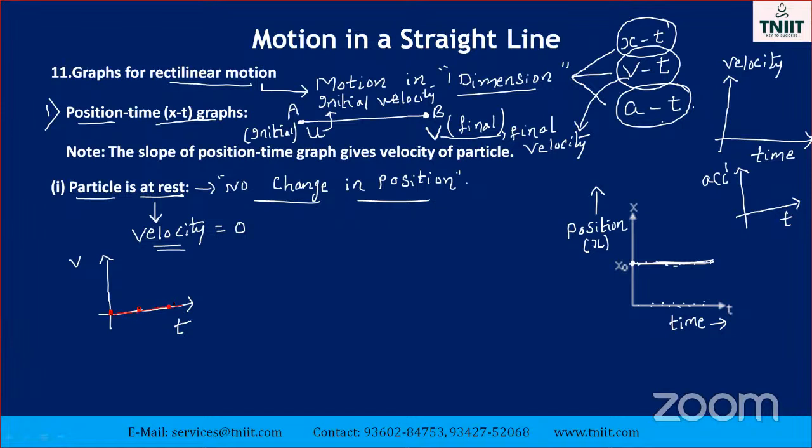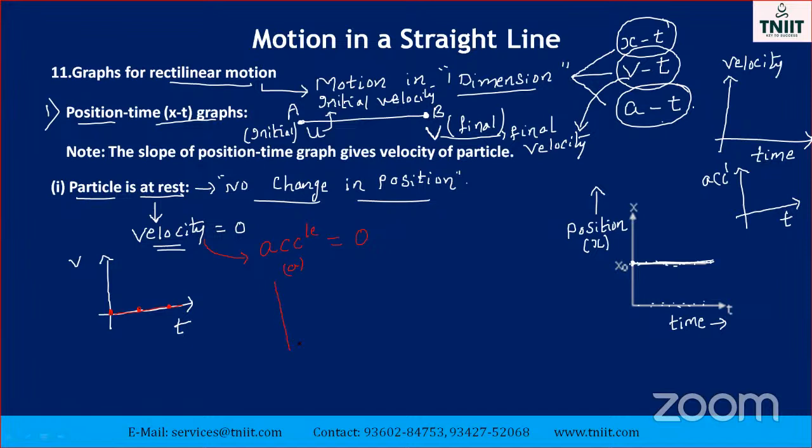Suppose velocity is zero, can you tell me what will be the acceleration, students? Acceleration is also zero, no? Because how do you define the acceleration? Acceleration is velocity by time. Since velocity is zero, acceleration is also zero.